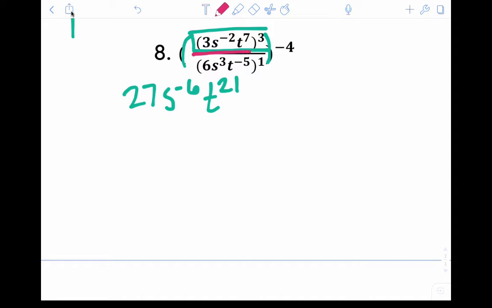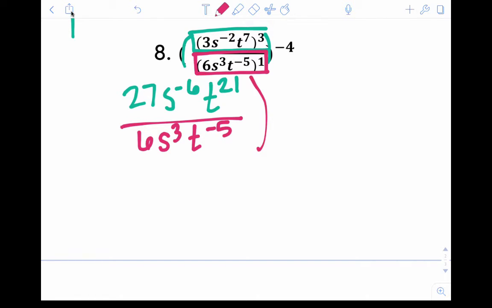Now my denominator, everything inside that parentheses is to the power of 1. So it just becomes 6s to the 3rd, t to the negative 5th. And then that whole fraction is to the negative 4th power. Now next I'm going to simplify that fraction. Now that I have no parentheses, I can move my negative exponents around.